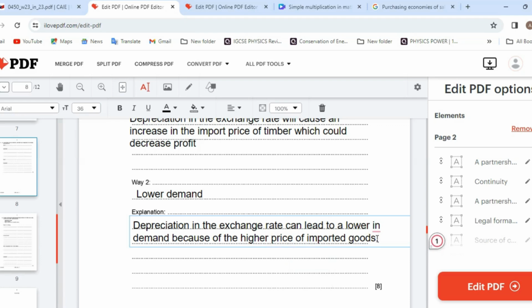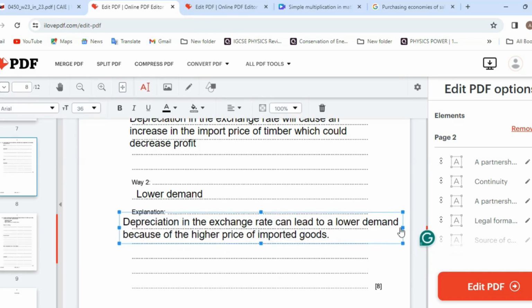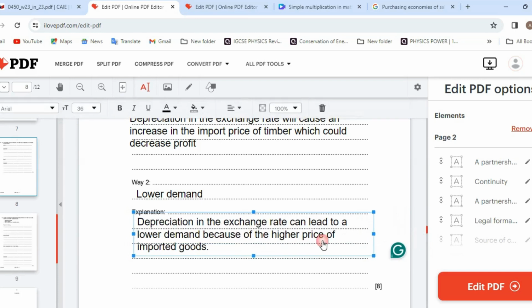Of course, when the price of importing the goods is high, the price that will be set for customers to buy the product will also be high. Okay, the price of the imported goods. Now let's move to the next question that we have.